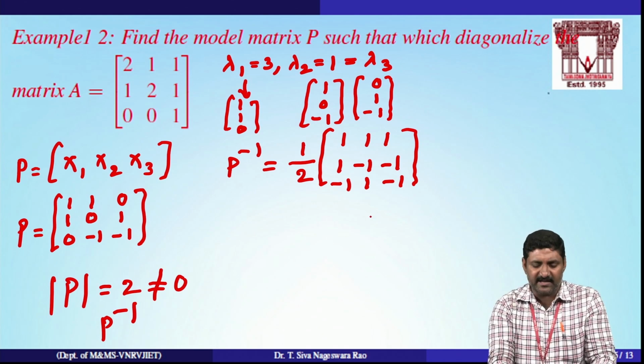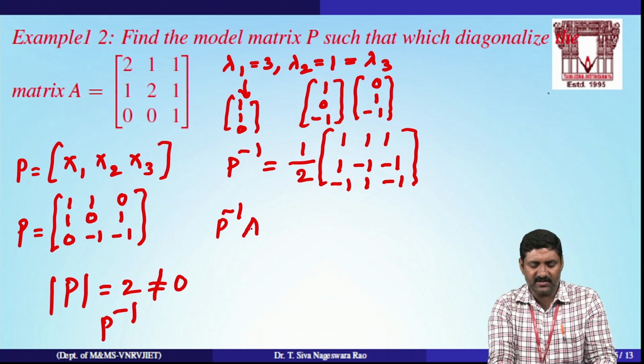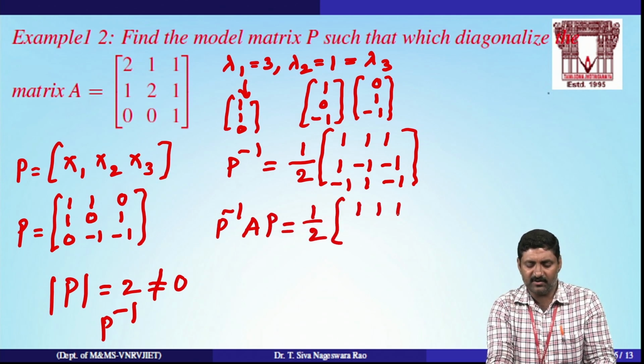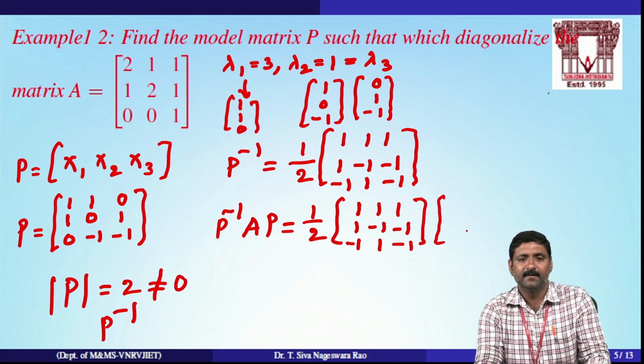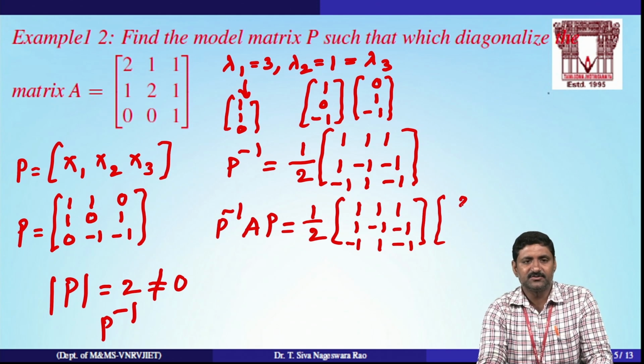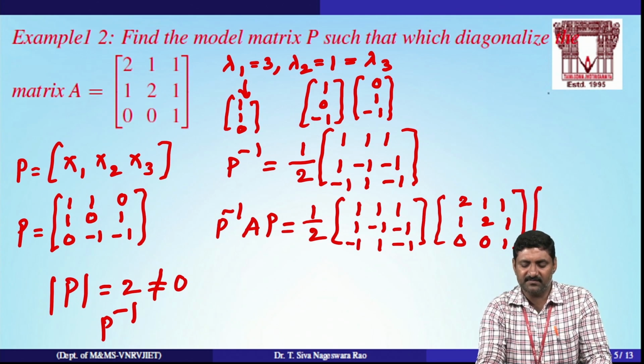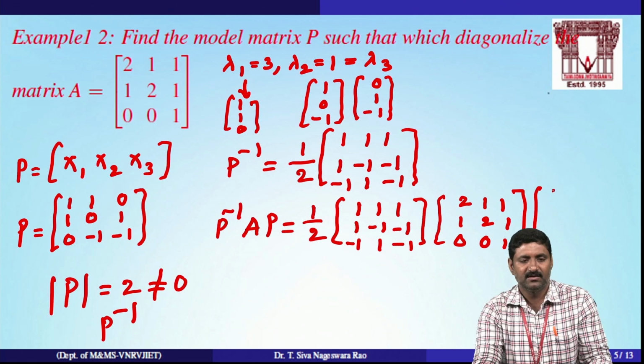Now, I am going to multiply P inverse into A into P. P inverse is 1, 1, 1, 1, 1, minus 1, minus 1, minus 1, 1, minus 1, multiplied by the A value, that is 2, 1, 1, 1, 2, 1, 0, 0, 1. This is multiplied with the capital P, the model matrix 1, 1, 0, 1, 0, 1, 0, minus 1, 1.